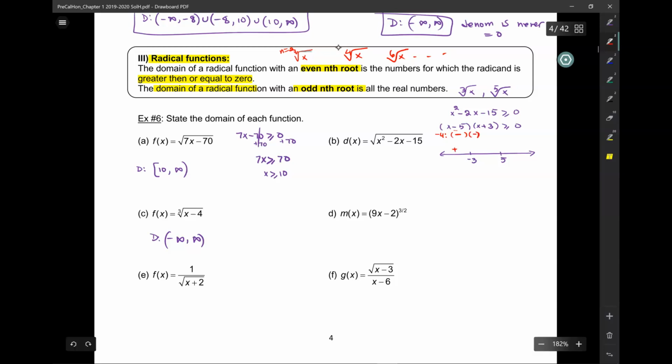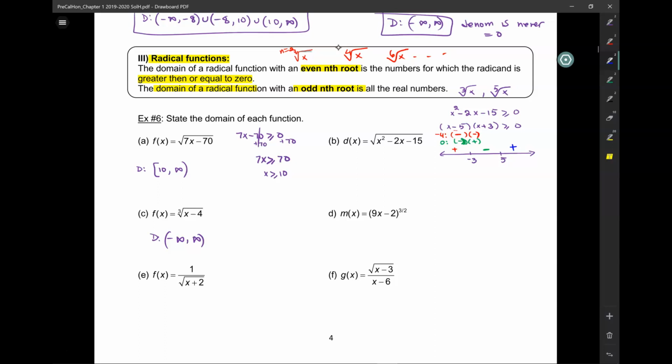Together, it's positive. I don't care about the value itself. That's why it's easier in the parentheses. Okay. If I pick a number from negative 3 to 5, my favorite is 0, I get negative and positive, and that's negative. And then from the other region, it's going to be positive.